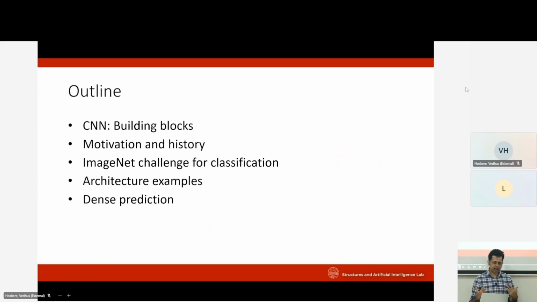We will first look at the basic building blocks of CNNs. We look at the early architectures that were invented to get an idea of what these building blocks are and how they fit together. Then I'll show you more architecture examples for classification. And finally, we'll look at dense prediction architectures, which are the kinds used for semantic segmentation. With dense prediction, you're doing a prediction for every pixel as opposed to a prediction for the whole image.